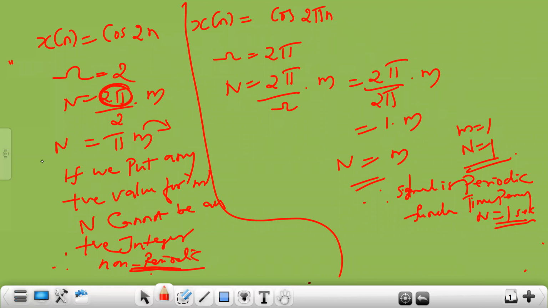If capital N has a value in terms of pi, on the spot you should be able to think that my signal is non-periodic. Why is it non-periodic? Because if you put any positive values of m, you are not able to get an integer value of n. But certain people will take pi as 22 by 7 and claim that by putting m equal to 7 you will get n equal to 22, a positive integer, and m is also a positive integer.